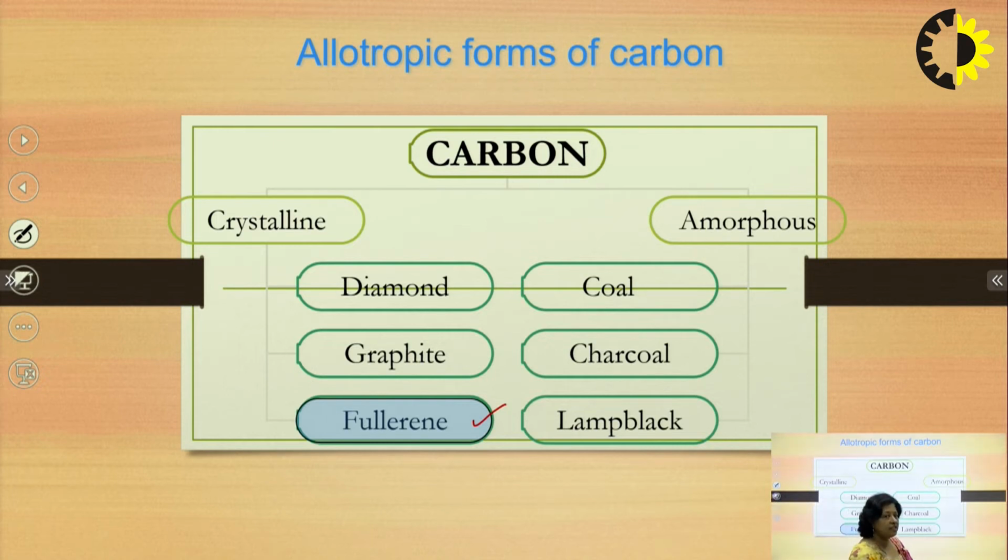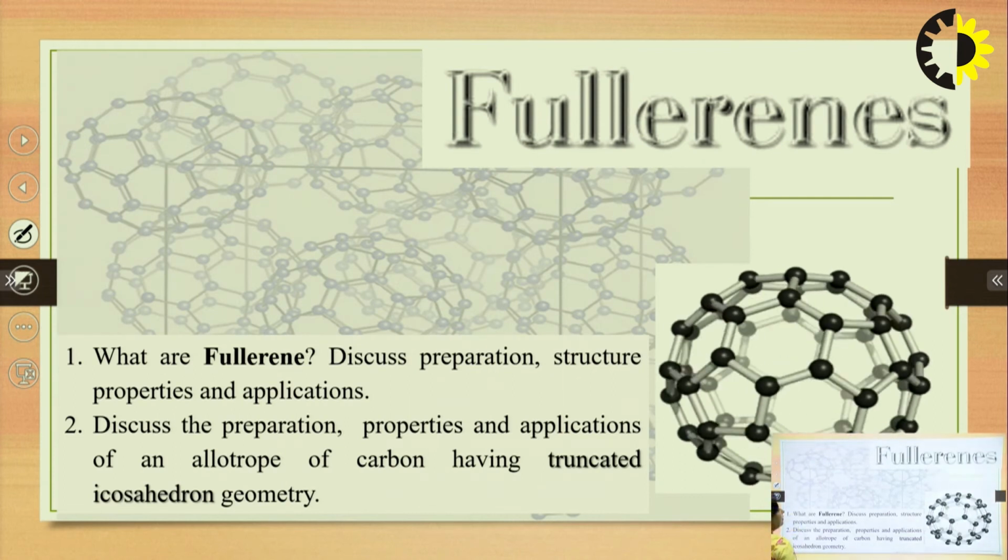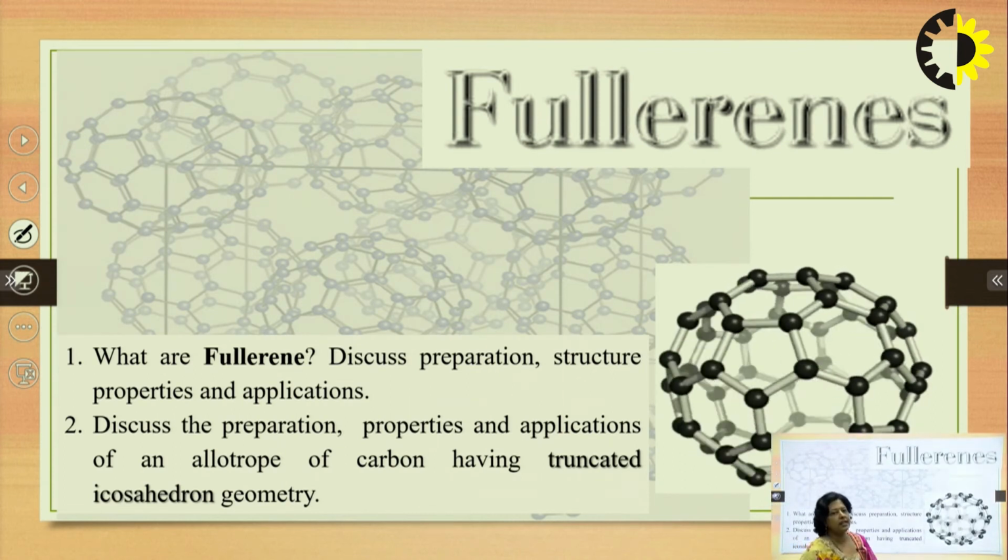It is referred to as the first nanomaterial, which completely changed the technology and the scenario. These days we talk about less and less memory space, and that is all due to nanomaterials. When we talk about nanomaterials, fullerene is the first nanomaterial.